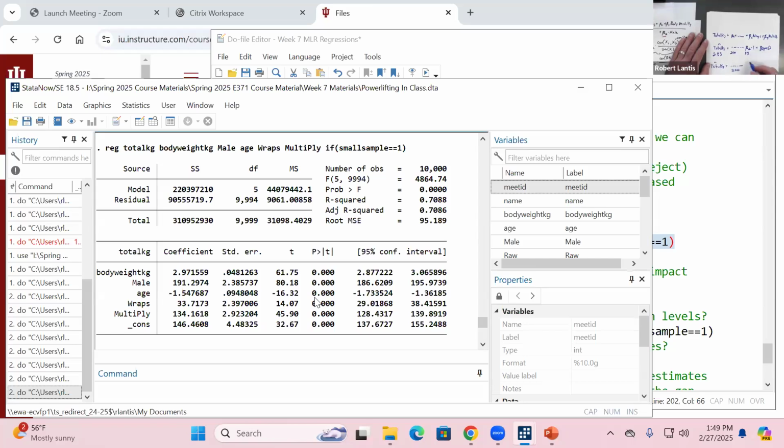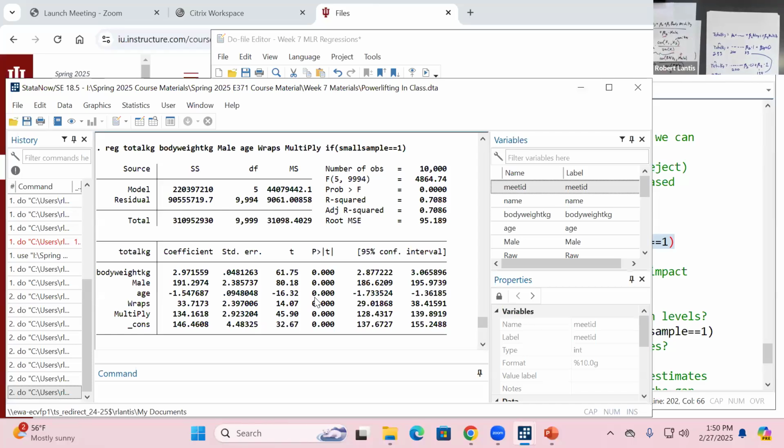Down here, if it's in the multiply division, now it would be beta 2 times 0, but beta 3 times 1, which we said was 134. So what would I get here? 334. So what's the difference between these two? Just whatever the difference in those two groups' coefficients is.